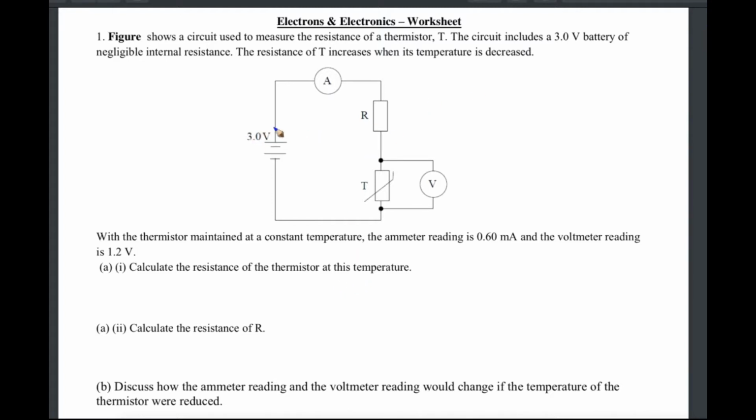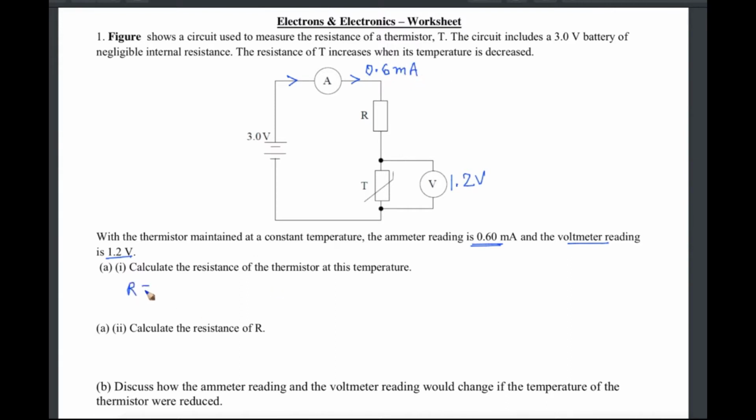So here this is 3 volts. The voltage reading is 1.2 volts. So across the thermistor, the voltage is 1.2 and the flowing current is 0.6 milliampere.